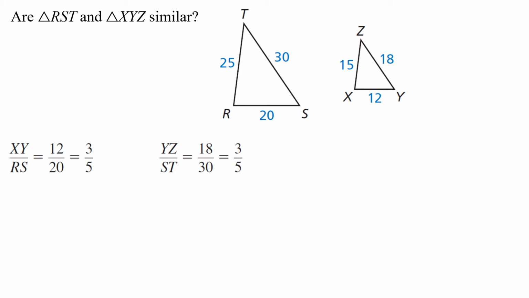Okay. 18 compares to 30. If I reduce that fraction, I also get 3/5. So far, so good. Let's see if it works for the third one. I have to actually check all 3 pairs of corresponding sides. They all have the same ratio of 3/5. So yes, those triangles are similar.